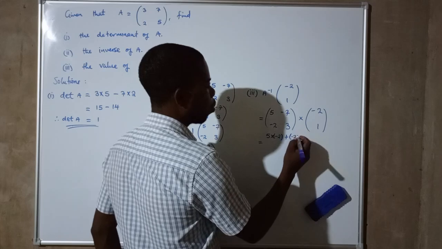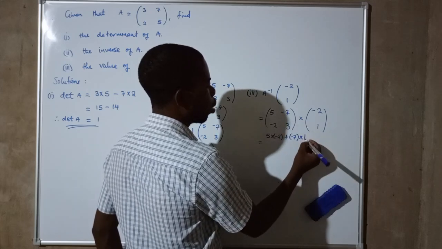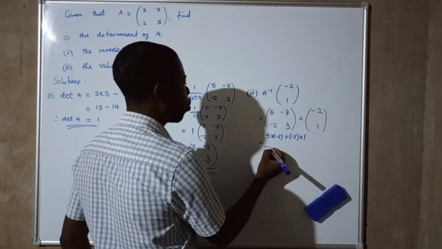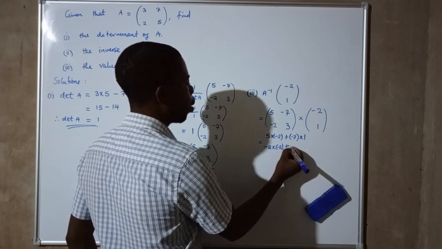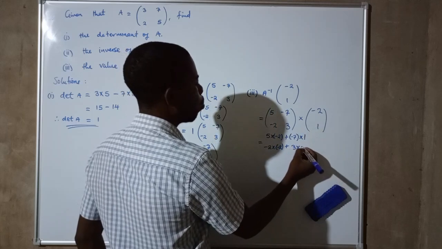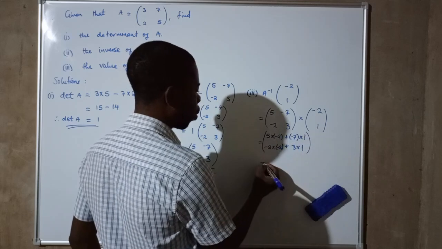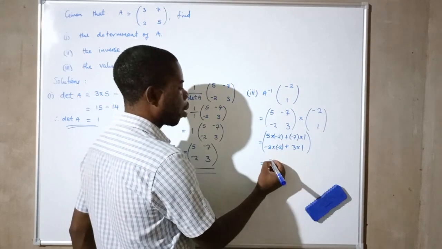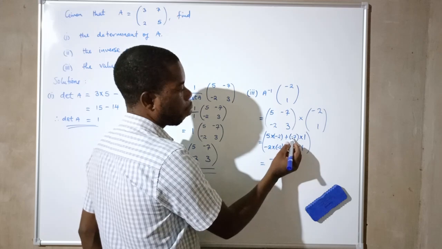So it's saying negative 7 times 1. Then we'll also say negative 2 times 2, negative 2 times negative 2, then plus 3 times 1. Then we'll do it like that. Then we'll come and say 5 times negative 2, it will be negative 10.